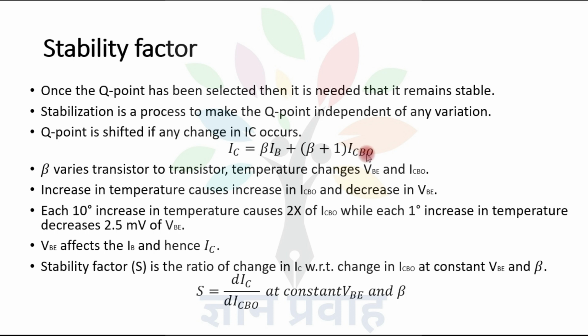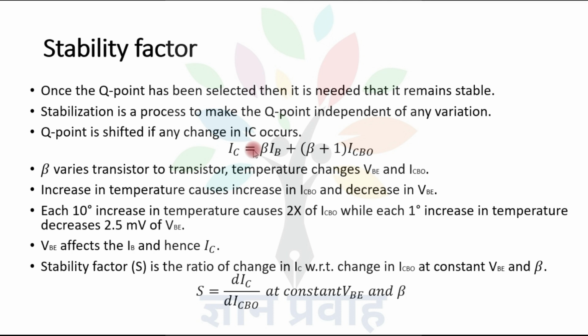So whenever any change occurs in temperature, ICBO will also change, as well as the value of VBE, and when VBE changes, it means the input current IB is also affected. So temperature causes change in IB as well as ICBO, while beta is changed or shifted when we replace any transistor.